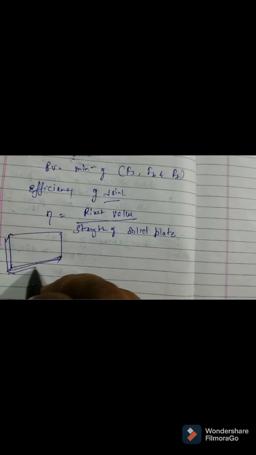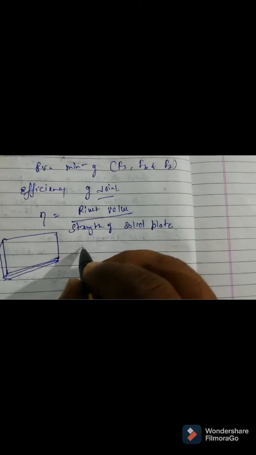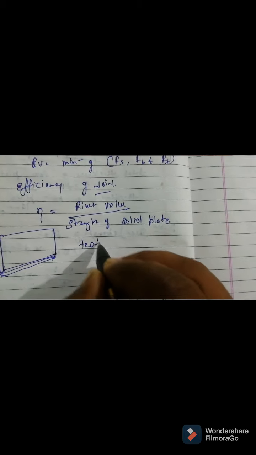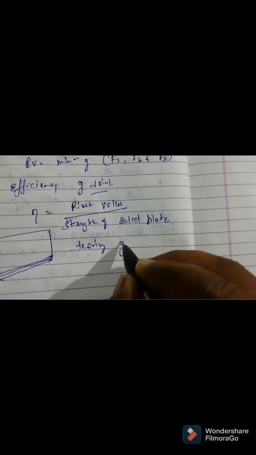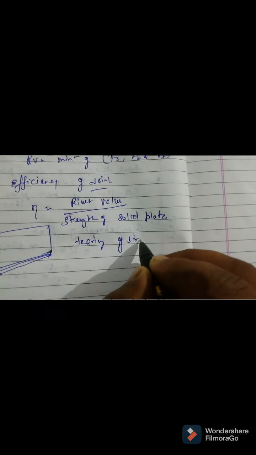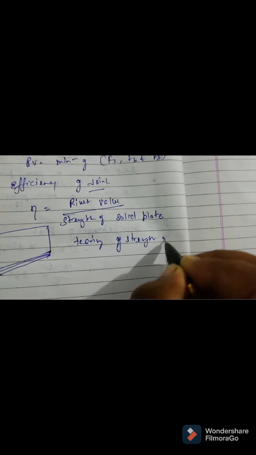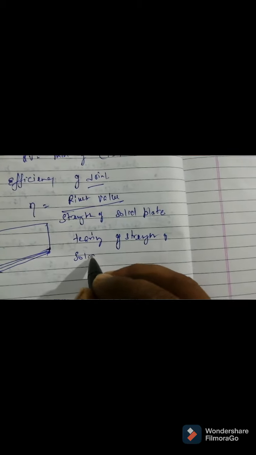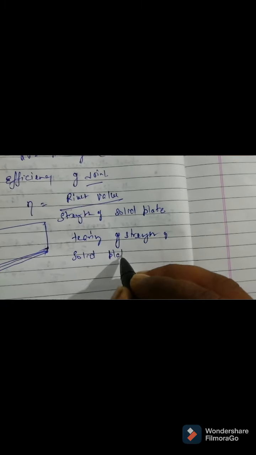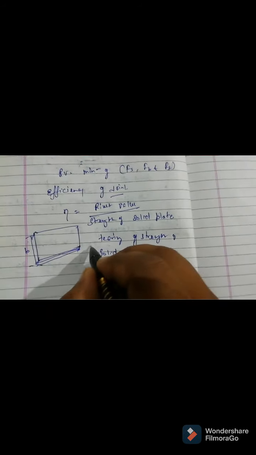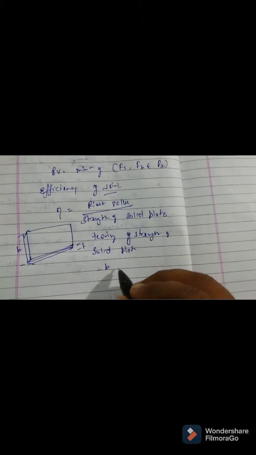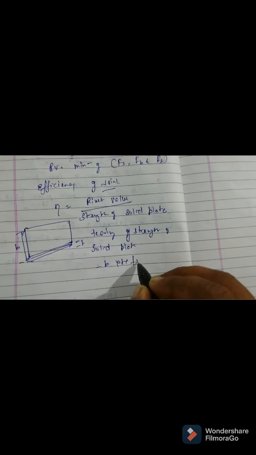So now the tearing strength of solid plate is B, that is the width, into T, that is the thickness, into Ft.